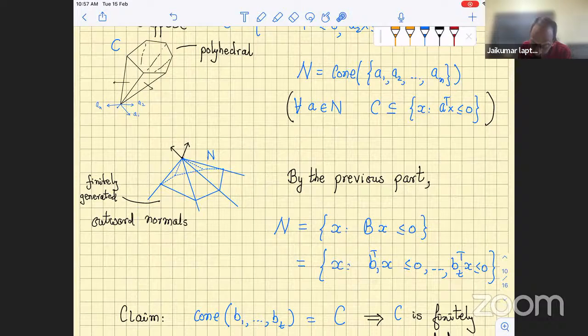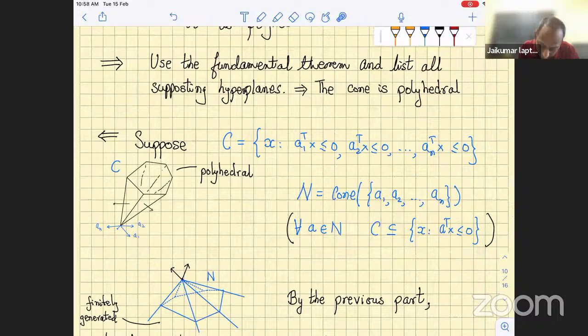That means each of those AIs and B1. Focus on B1. B1 with each of those AIs gives a non-positive dot product, which is less than or equal to 0. That is BI. So BI with each of those AIs gives a negative dot product.